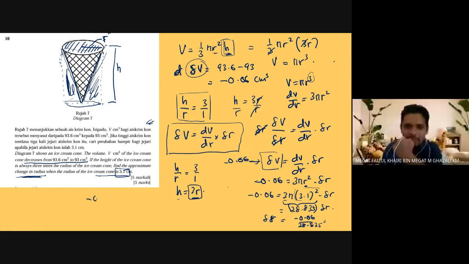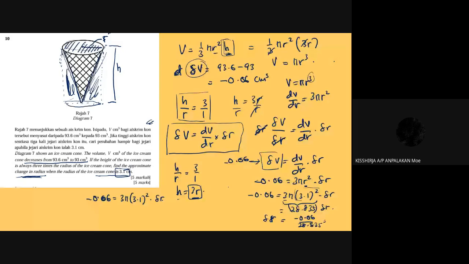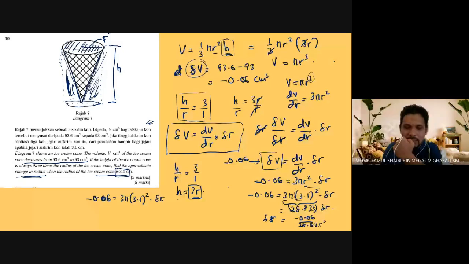Negative 0.06 equal to 3 pi, and r according to this is 3.1, 3.1 squared times delta r. Delta r is still a mysterious number. So can you please find out for me 3.1 squared times 3?